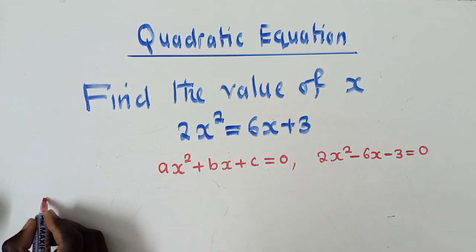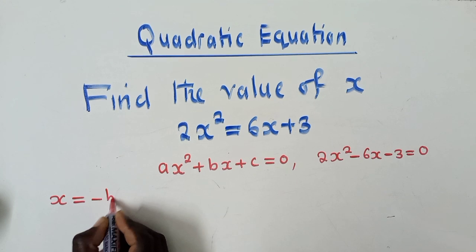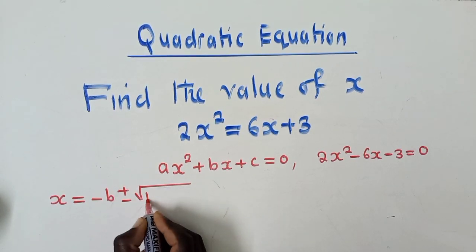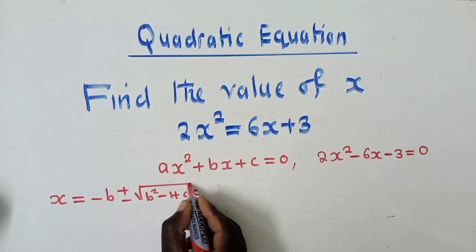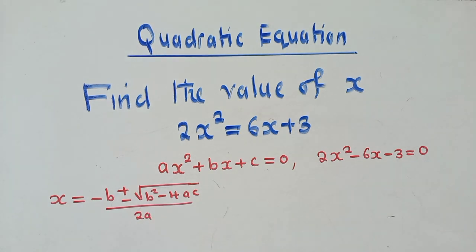For the quadratic formula, we've got x is equal to negative b plus or minus the root of b squared minus 4ac, over 2a, like that. Now write the quadratic formula, okay?